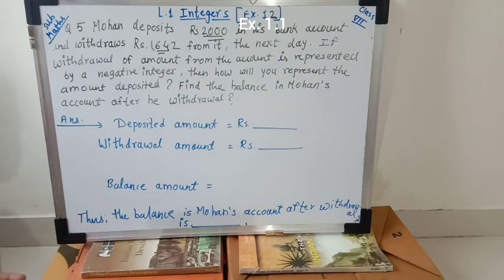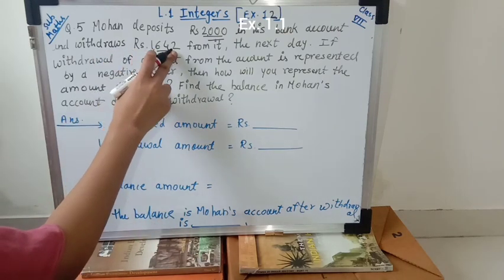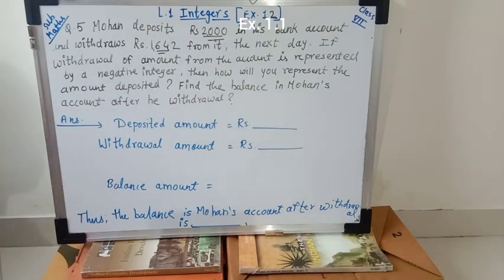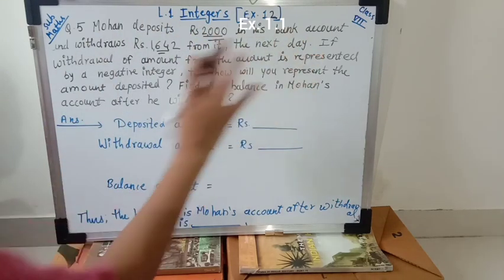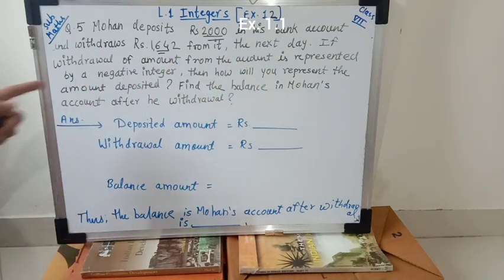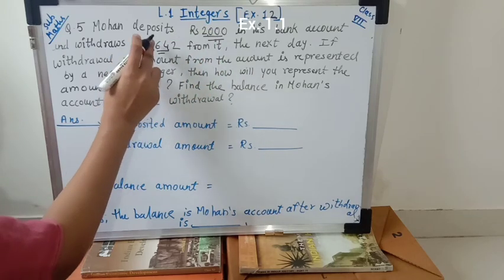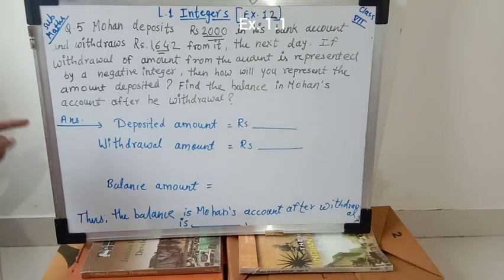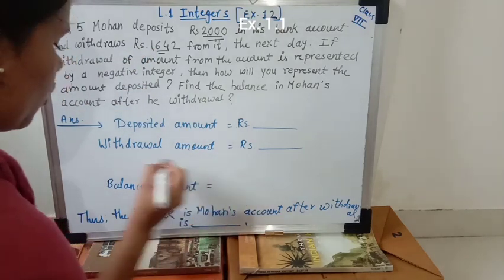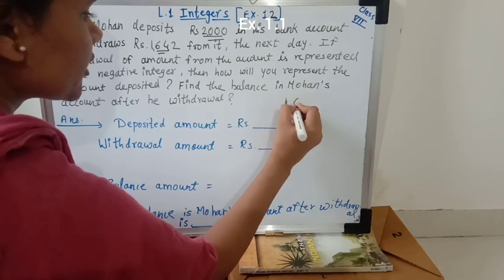Here Mohan is the person who deposited 2000 rupees in his bank account, and after that he withdraws 1642 rupees from it.